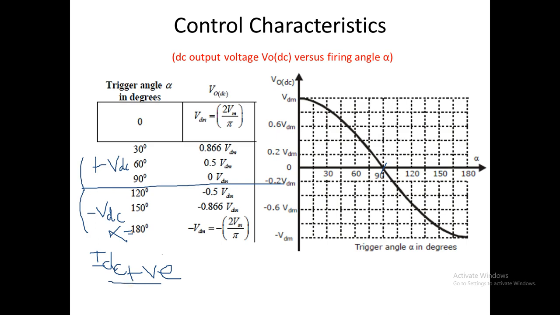So the product power PDC is equal to VDC into IDC; for a negative voltage and positive current, the power across the load will be negative, so we can say that the power is flowing in the reverse direction, that is from load to source. This mode of operation is called rectifier mode, or rectifying mode, and this mode of operation is called inverting mode. So in the inverting mode, alpha is greater than 90 degrees.